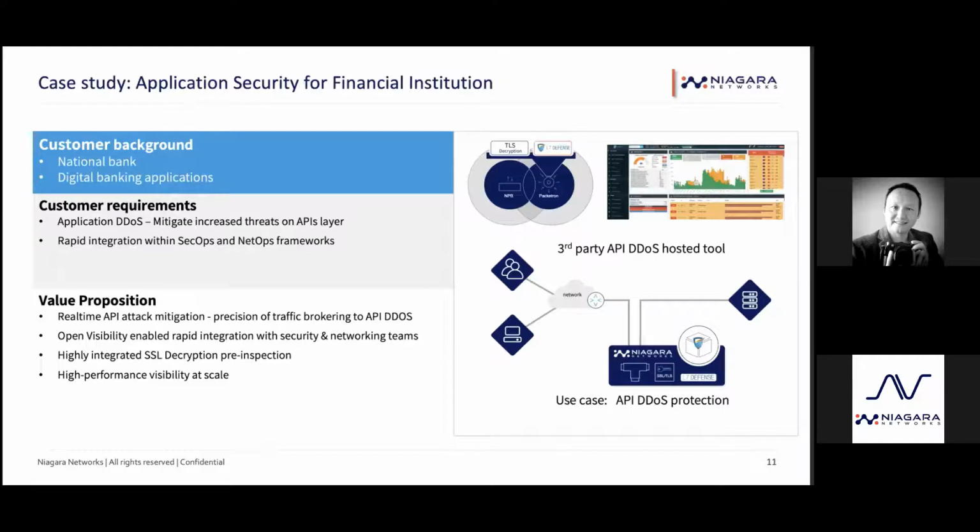By using the inspection application, as well as the TLS engine on the packet broker, we could assure that traffic was never leaving the packet broker without being encrypted. So a closed box solution where encrypted traffic goes in, encrypted traffic goes out, but with full inspection of that traffic. So a highly integrated SSL decryption and pre-inspection engine running on the packet broker.